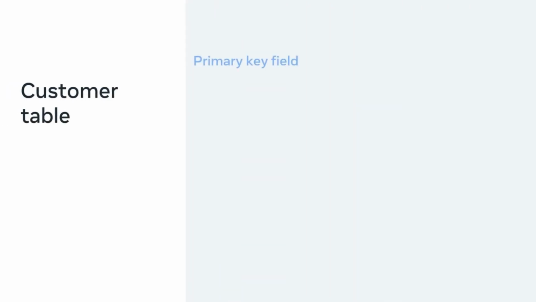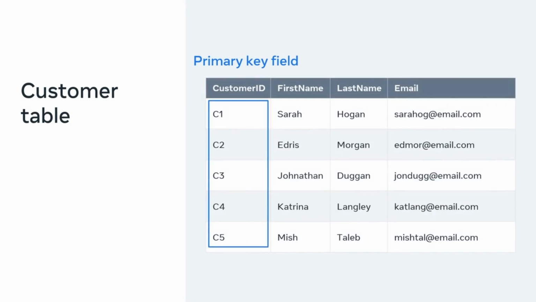To avoid this confusion within the database, you can use a field that contains only unique values like the customer ID. This is called a primary key field. It contains unique values that cannot be replicated elsewhere in the table. So even if two customers share the same name, they'll still have separate customer IDs. This means that your database can determine which customer is the required one.